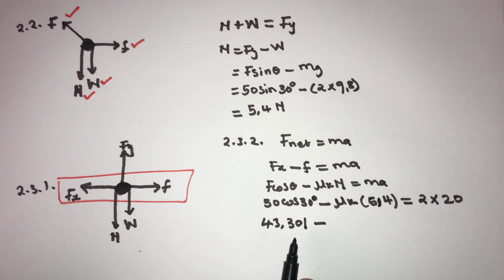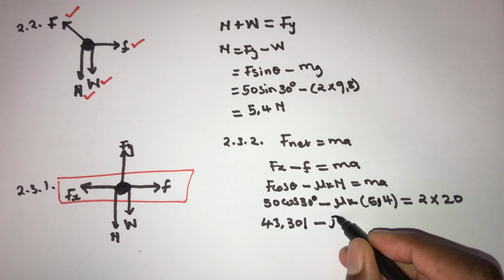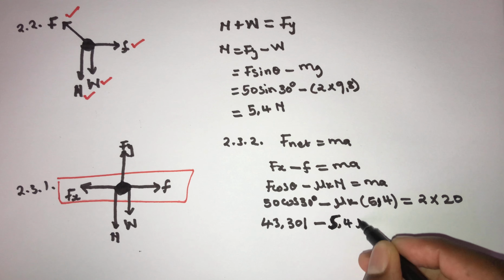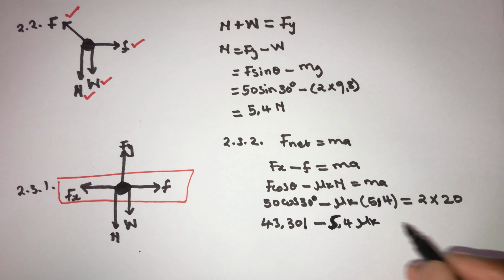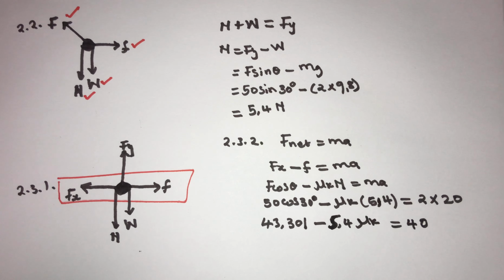We're taking 3 decimal places because this is not the final answer. So we don't have to round off to 2 decimal places. So this one, we have 5.4 times the coefficient of kinetic friction, then it's equal to 2 times 20. That is 40. So from here, we're going to take 43.301 to the other side.